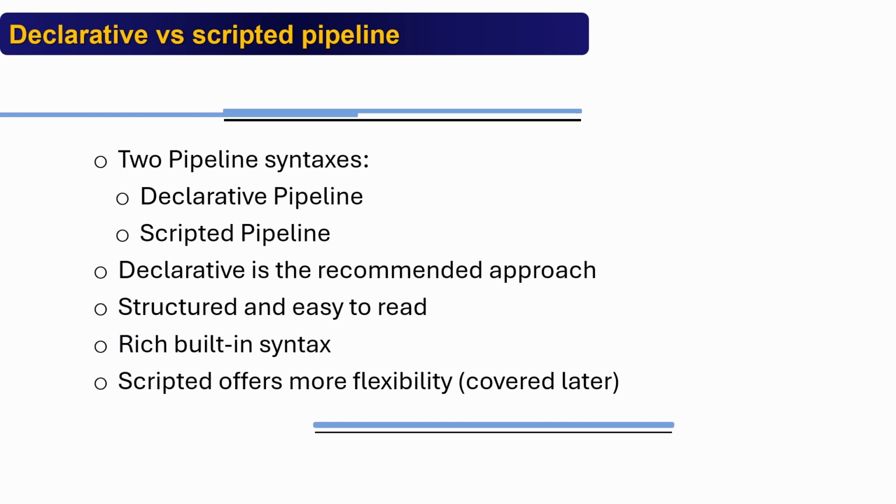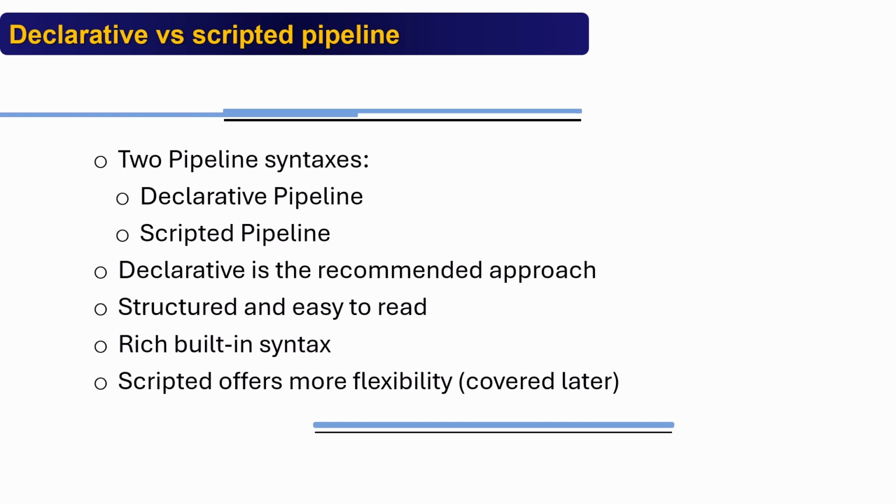Declarative pipeline is a newer and more commonly used approach. It was introduced to make pipeline development simpler, more structured, and easier to understand. It provides a well-defined syntax with predefined sections such as pipeline, agent, stages, stage, and steps. This structure makes the code easier to read, easier to write, and easier for teams to maintain.